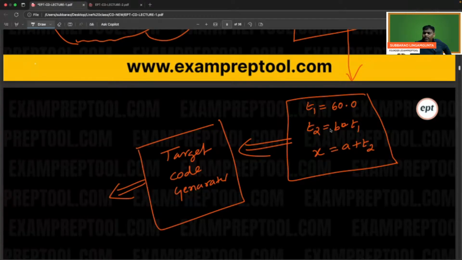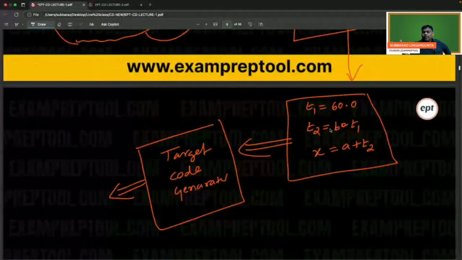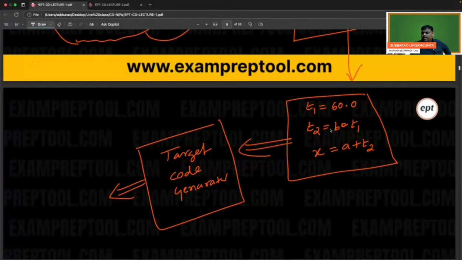In the case of CO, computer organization, you will write that only. Let me write the major thing. What the target code generator will do is, it will scan the code, it will check. Oh, mul, some multiplication he will write. Oh, addition, add.